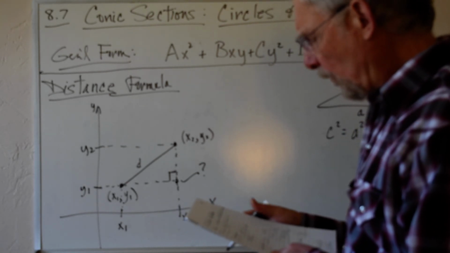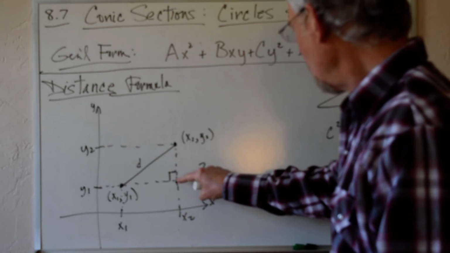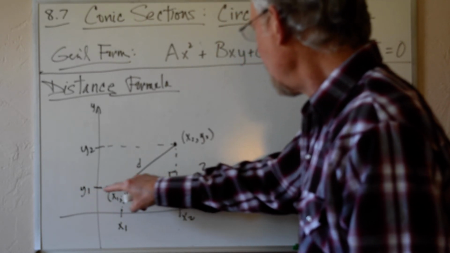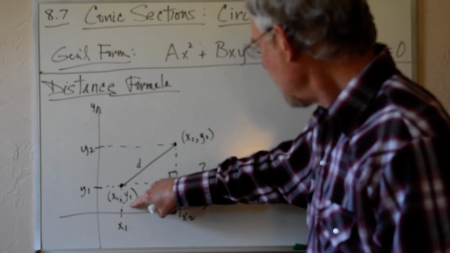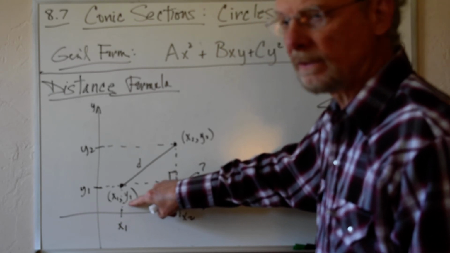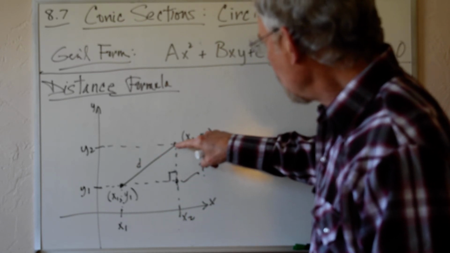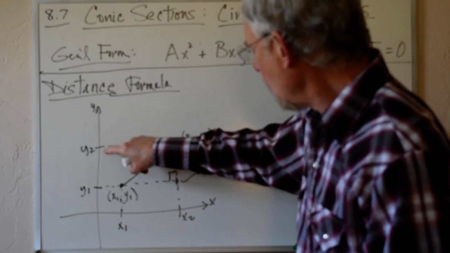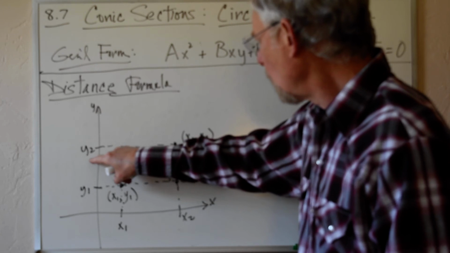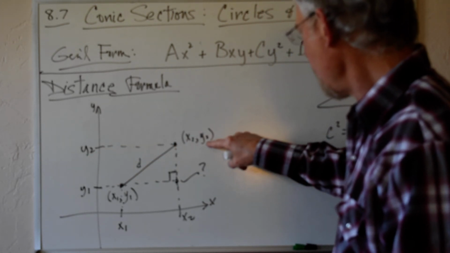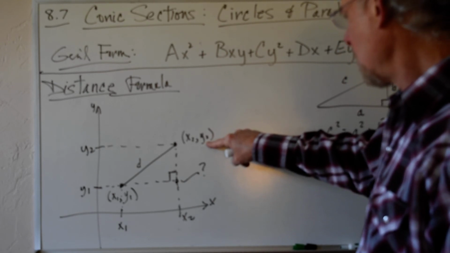Well, if we were to imagine a horizontal dashed line going across here, it hits the y-axis at that number there, y1, the y-coordinate of that point. If we imagine another horizontal line going across, it hits the y-axis at y2, which is, of course, the y-coordinate of this point.